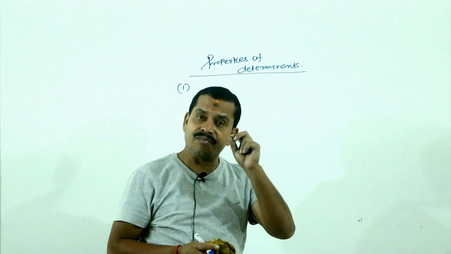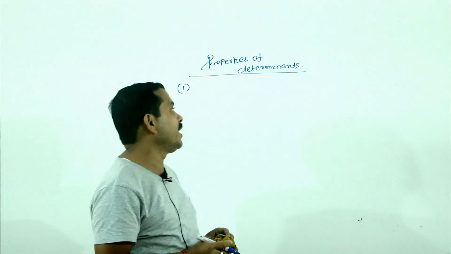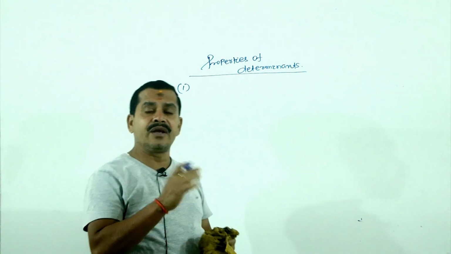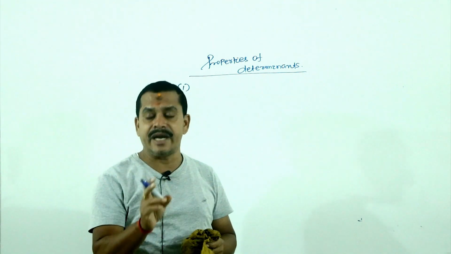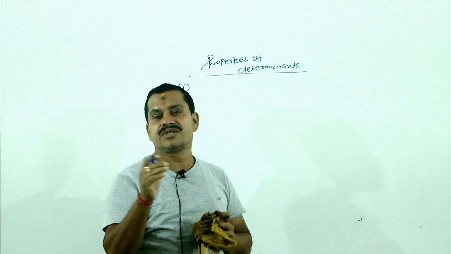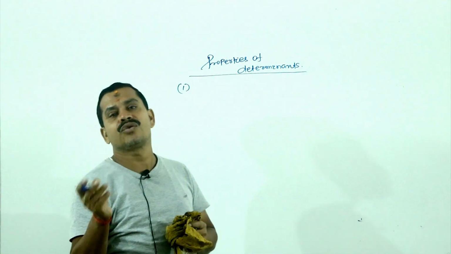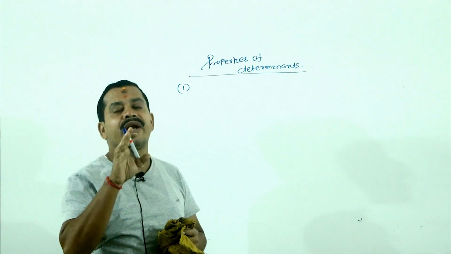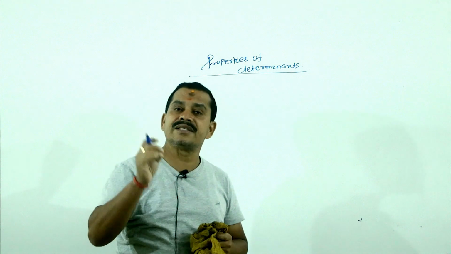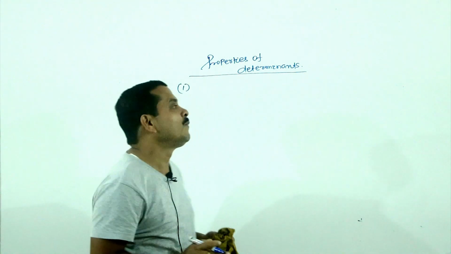That is the basic fundamental property of the determinant. It means if we change corresponding rows to corresponding columns, that means first row to first column, second row to second column, and third row to third column, then the determinant remains unchanged. Its value will be the same as usual.